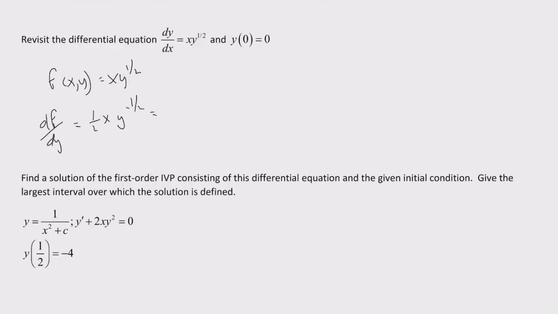So what would that look like? Nice and pretty, that would look like x over 2 times y to the 1/2. And this is where we get to the uniqueness element, because according to that theorem, the original function and its derivative both have to be continuous. Now, in this case, we have a restriction.